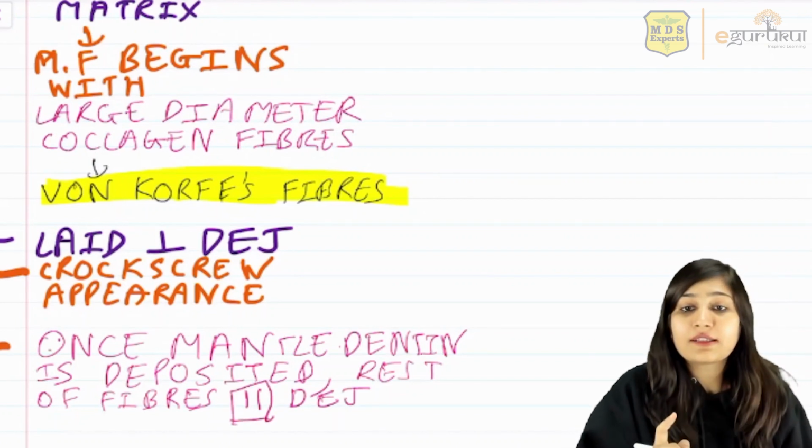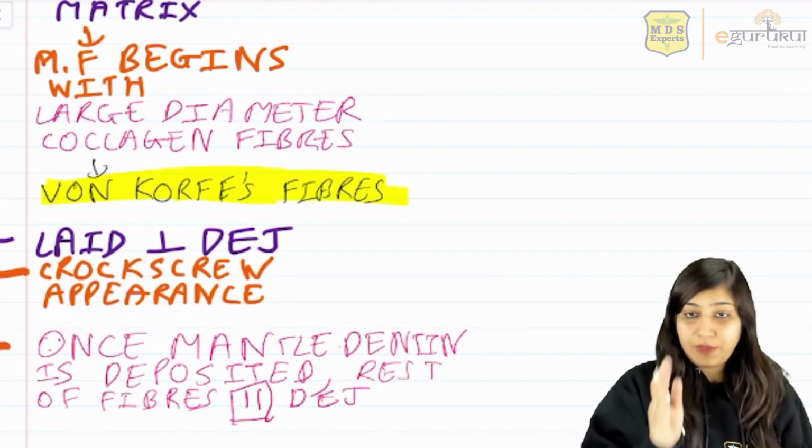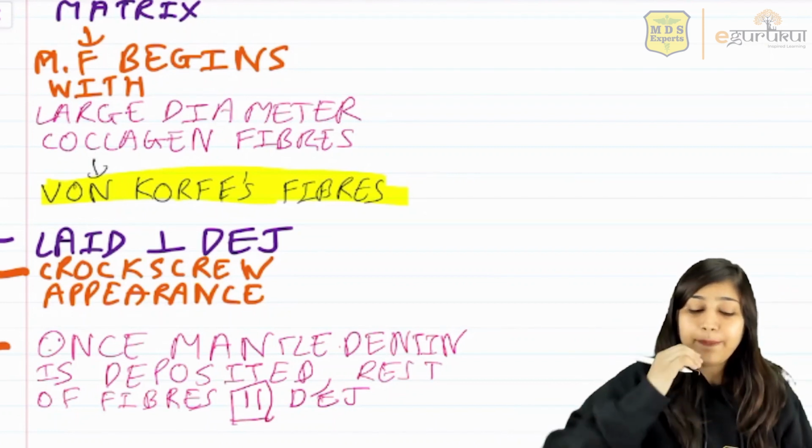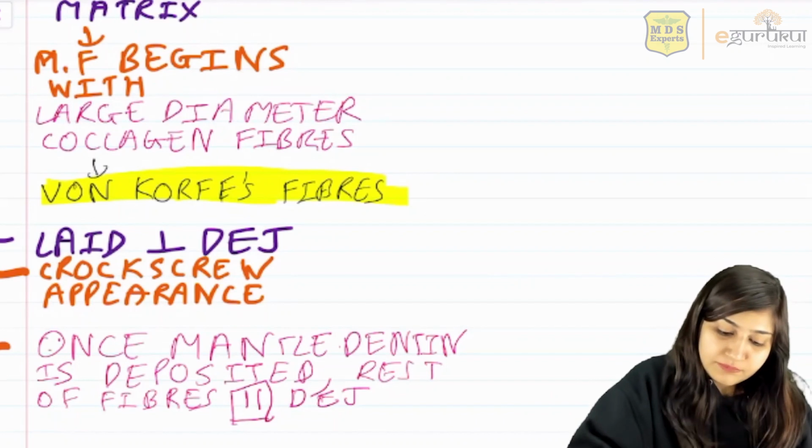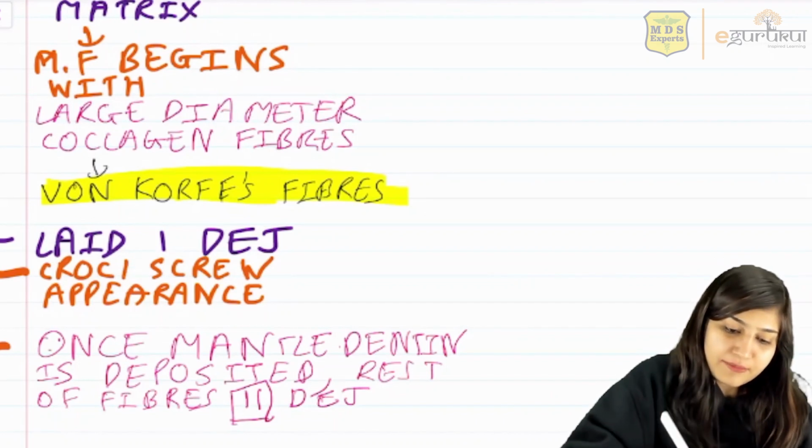So the first laid fibers will be perpendicular and the others will be parallel. Remember this.